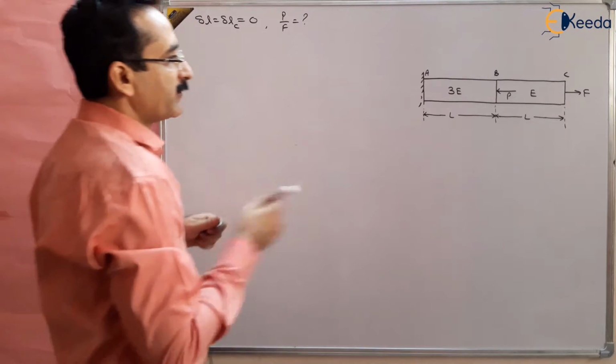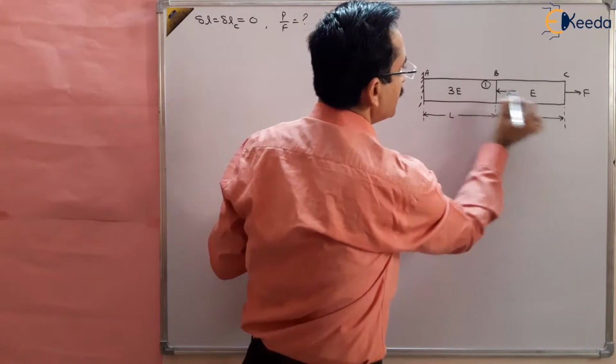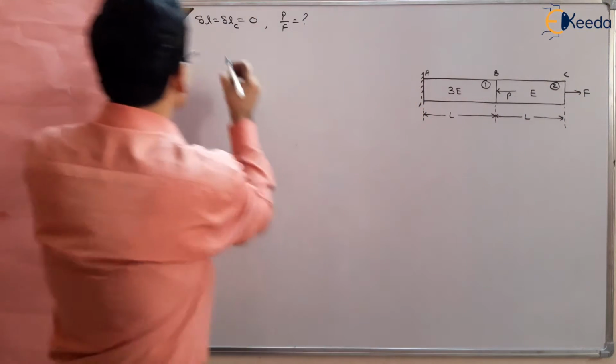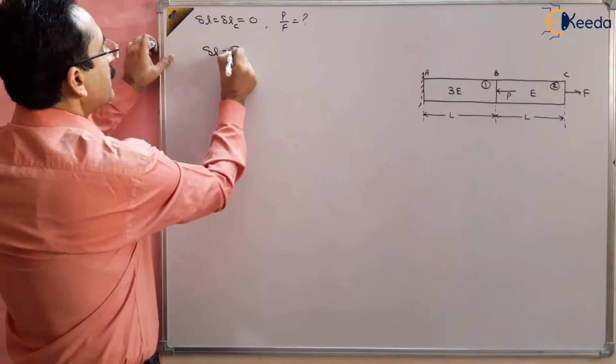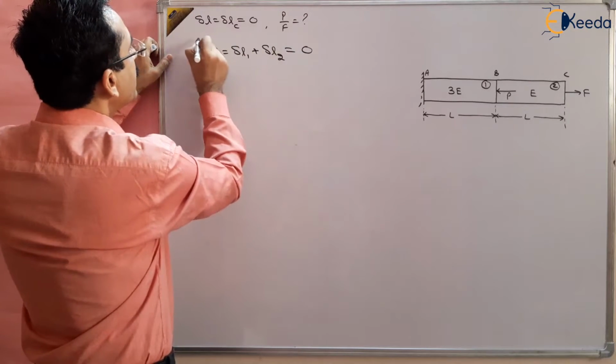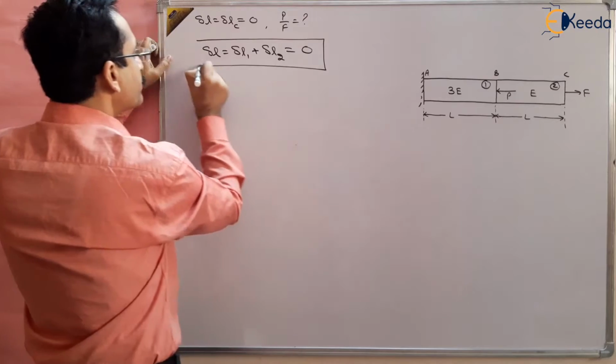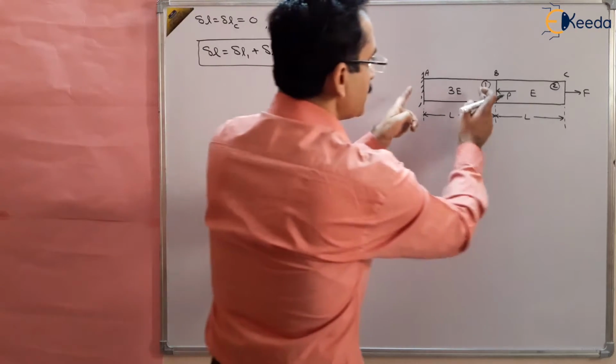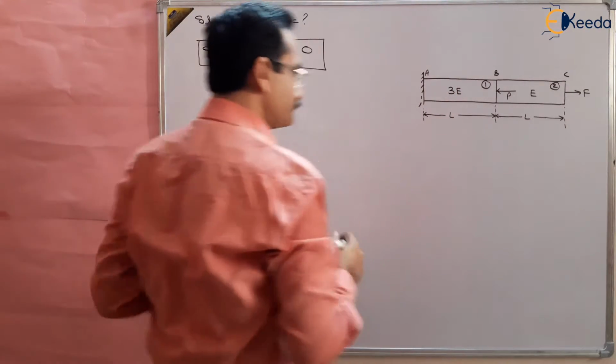If I divide the bar into two parts, suppose this is 1 and this is 2, then delta L1 plus delta L2 should be equal to 0. So the deformation of this part plus the deformation of this part should be equal to 0.